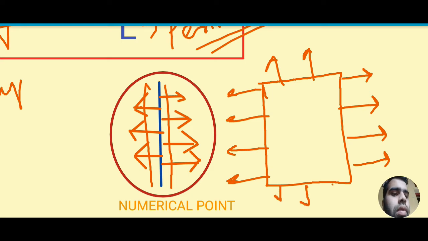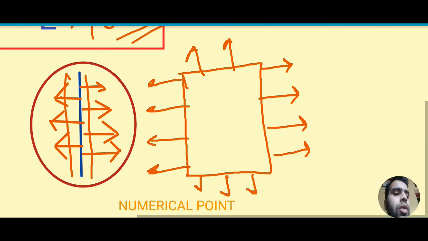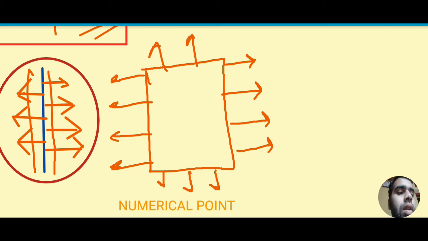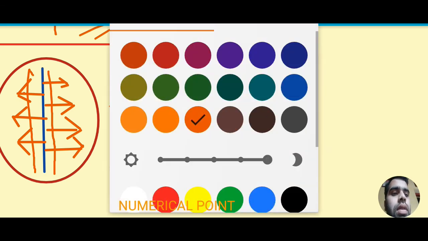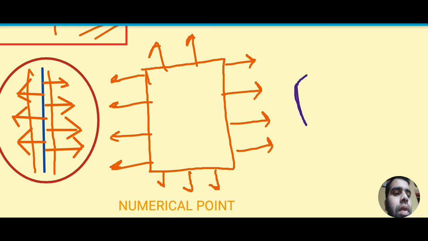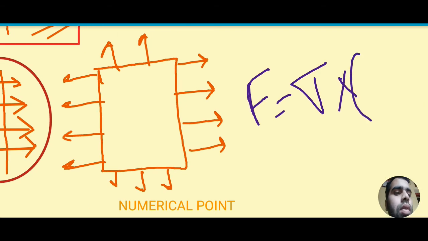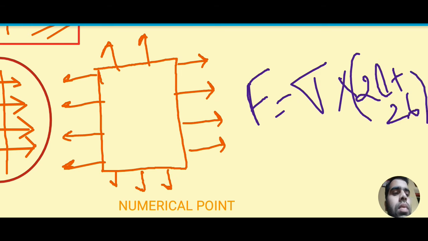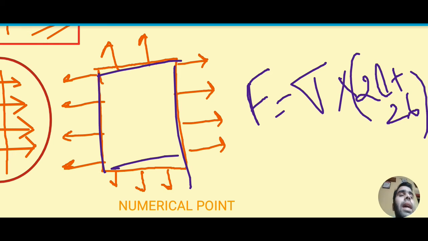This is the surface tension force direction, and to find the value of the surface tension force, we can say F is equal to the surface tension sigma into (2L plus 2B), because it acts along the length.